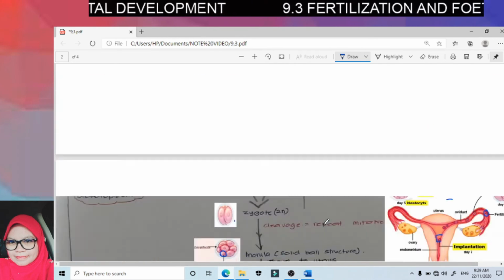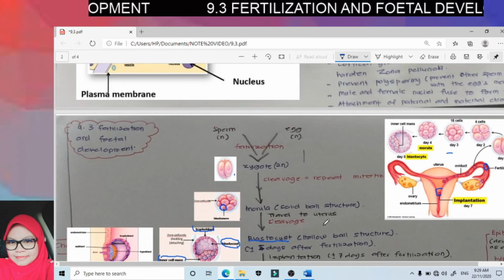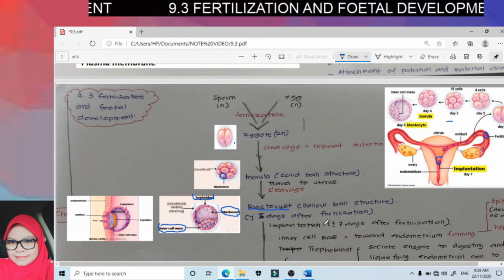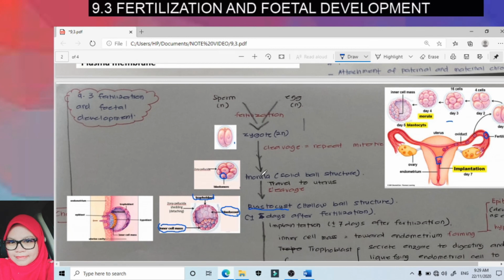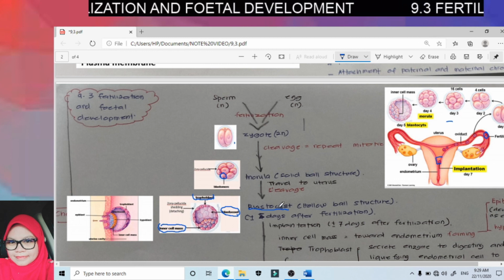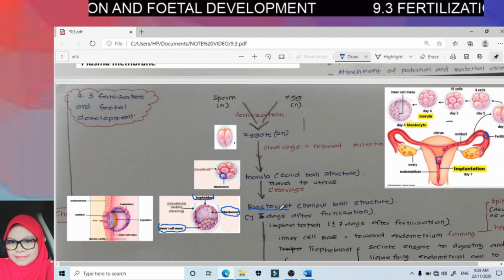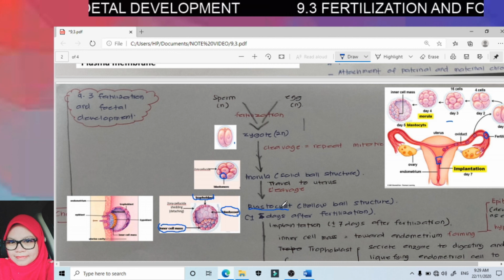So here again, the embryonic development and fetal development start from the zygote, which becomes the morula. Morula is a solid ball, and then the blastocyst. Blastocyst is a hollow ball which has trophoblast, blastocoel, and inner cell mass.